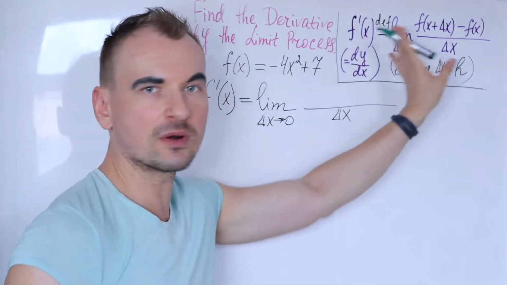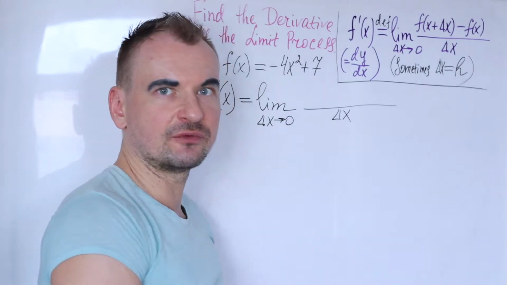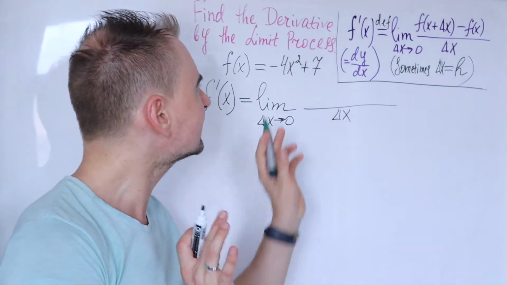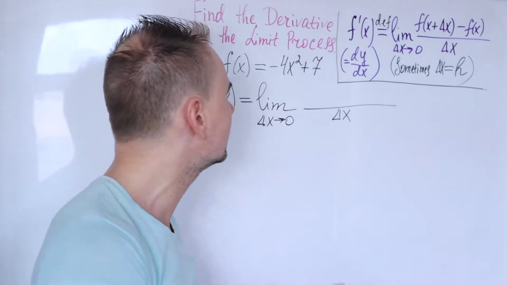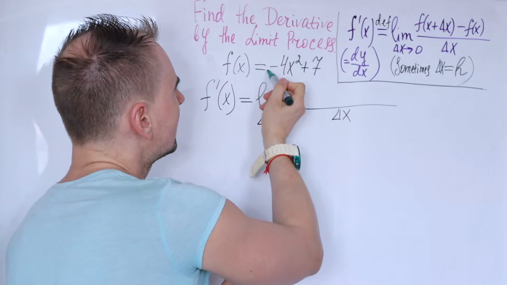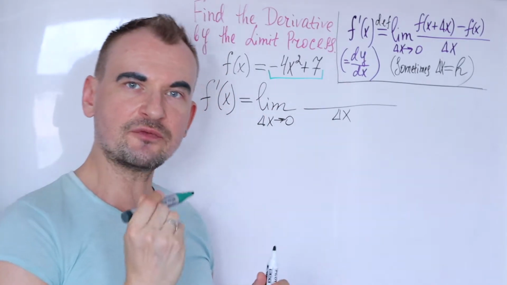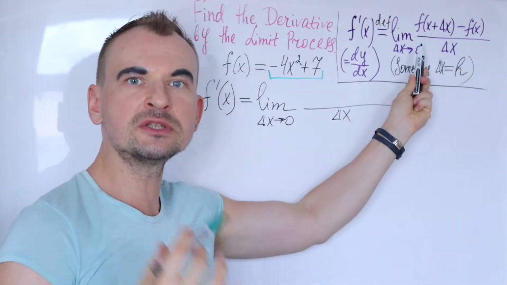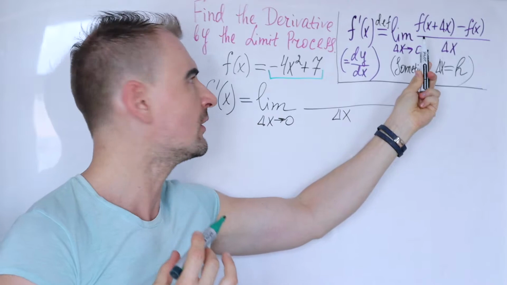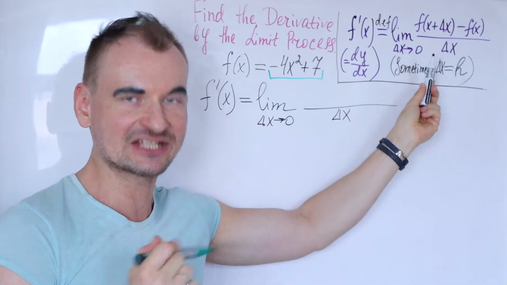Now let's form the top. So f of x plus delta x. What does that mean? That means that instead of x in the equation that you are given, this is your function, everywhere x appears in your formula, you are going to plug in the expression x plus delta x.